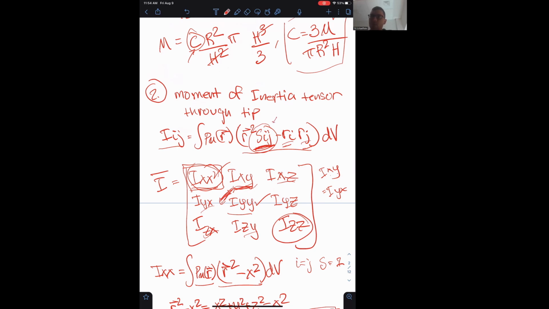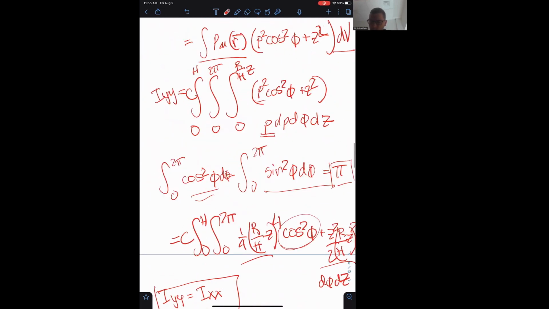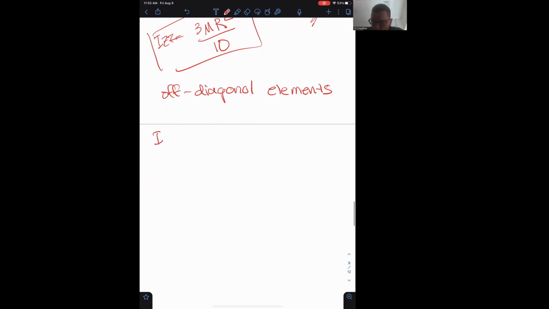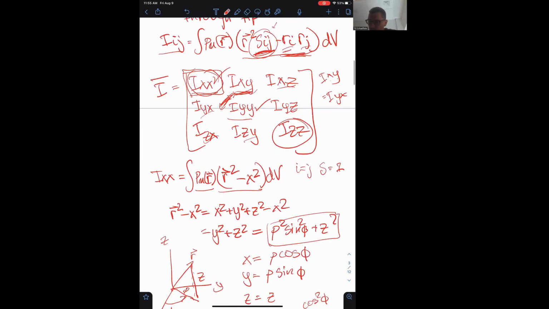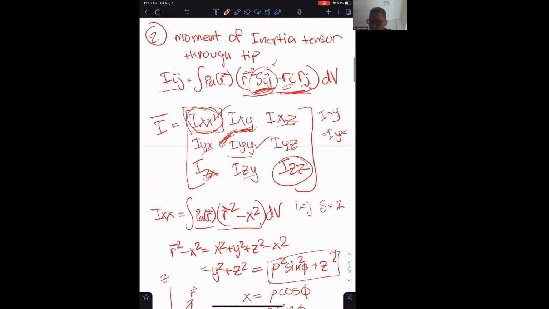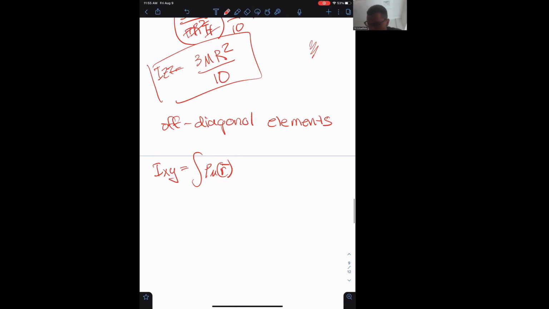So the r squared component is not going to be there. It's always just going to be these 2 parts here. So if we want to solve for I_xy, for example, that's just the integral over the density times, there's a negative sign there, so it's going to be 0 minus x times y times dv.